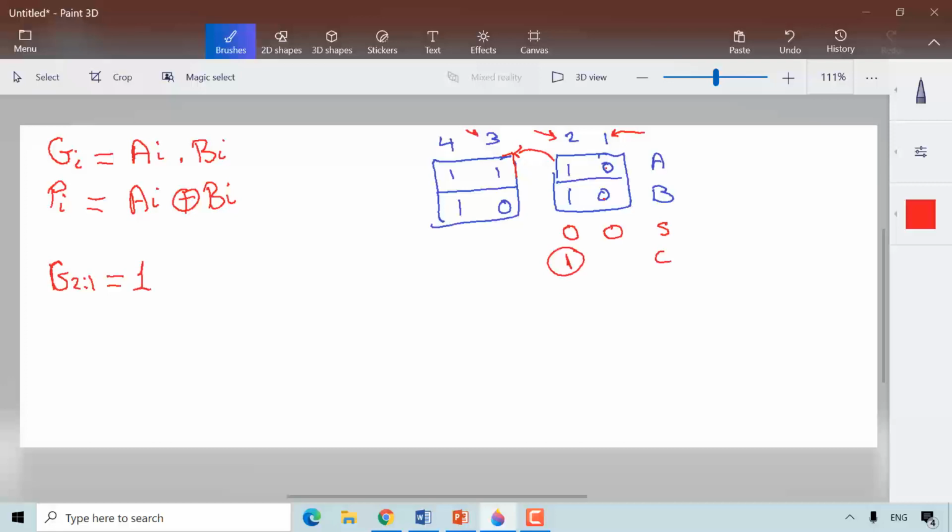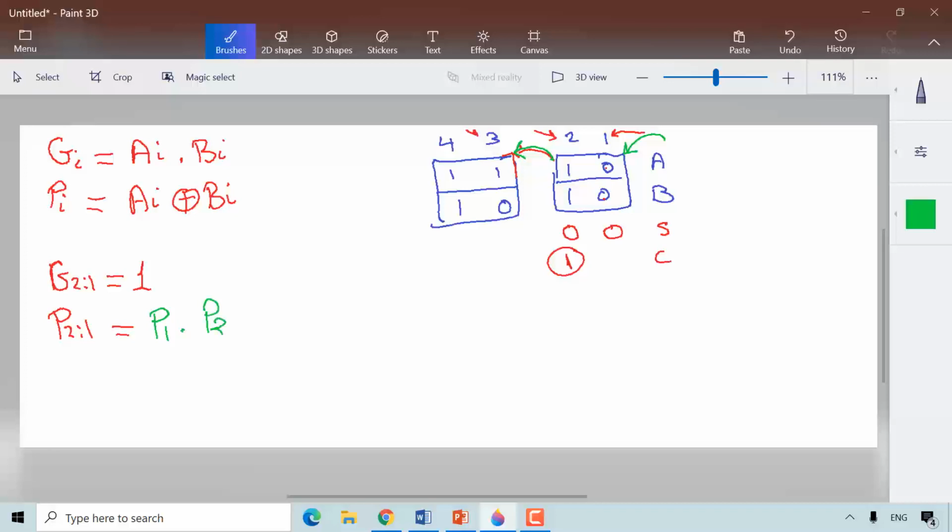Now, let's see if I can propagate from 2 to 1, meaning if there is a carry that comes in right at this block, can I transfer this carry? Well, this can be computed by simply taking the propagate at bit position 1 ANDed with the propagate at bit position 2.